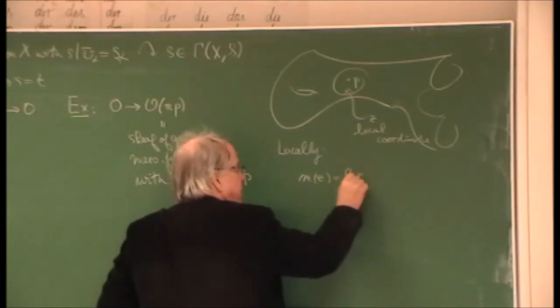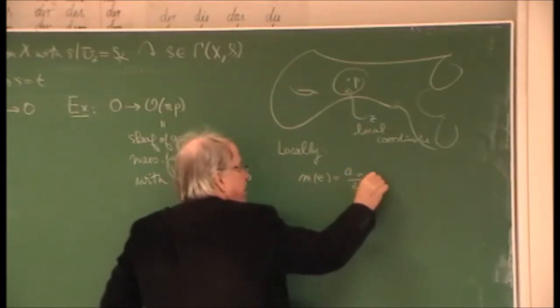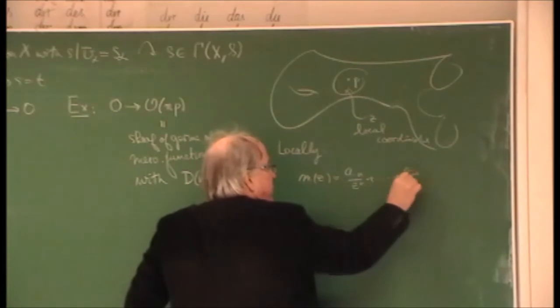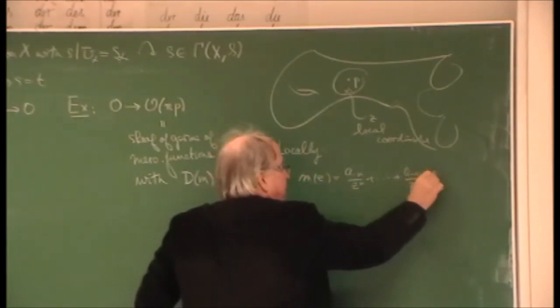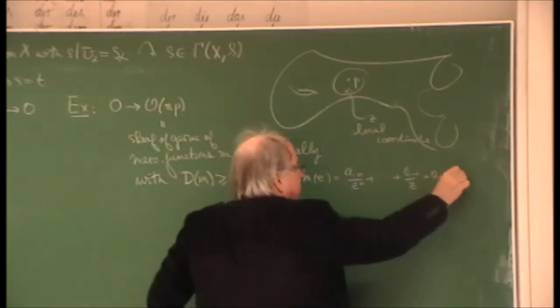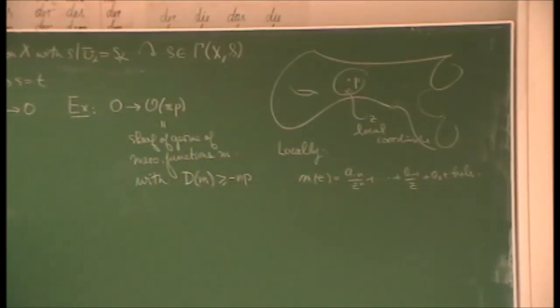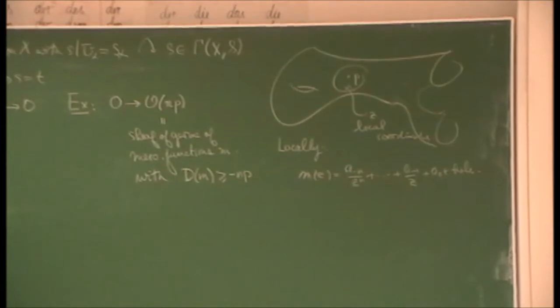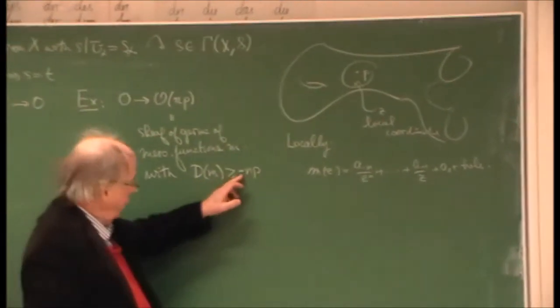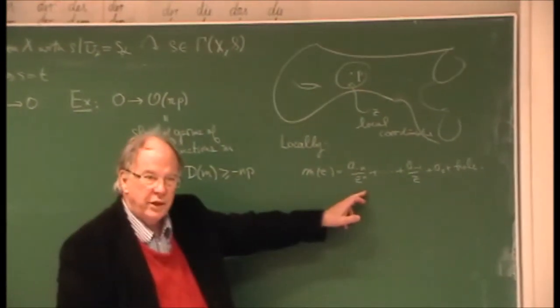So a_{-n} z^{-n} plus up to a_{-1} z^{-1} plus a constant plus higher order terms. Okay, so M has poles possibly, but no worse than n.